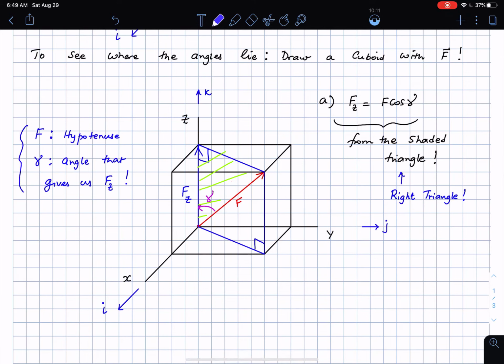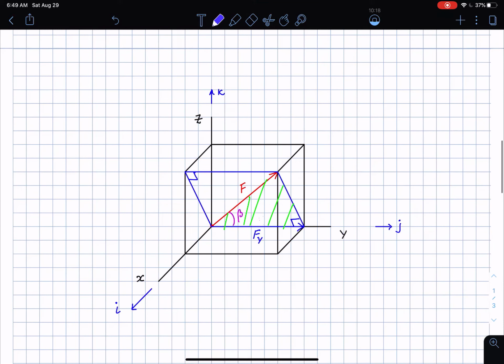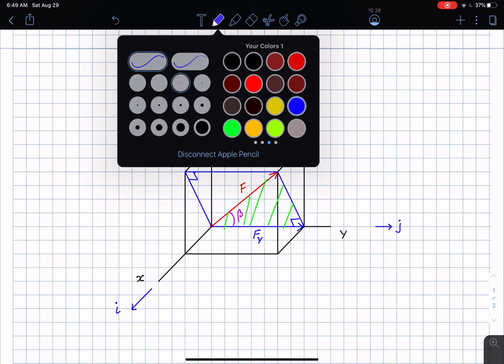Okay, so if I know F and if I know gamma, I can find Fz, or that's typically how it works out. And it's fairly easy to see that if I know F and if I know beta, I can find Fy, right? Which means that in this situation, I want to go back to my usual colors.